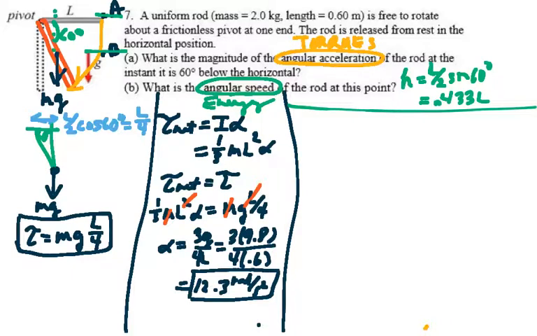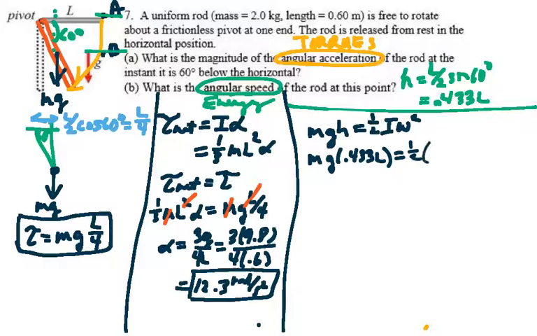So strictly speaking, the potential energy we have at A, which is mg times our height, will equal the kinetic energy of rotation we have at B, which is 1/2 I omega squared. So we have mg times 0.433 L equals 1/2 times the moment of inertia, which is 1/3 mL squared, times the angular velocity squared.